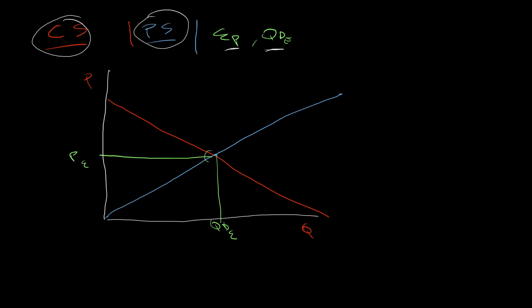This point is saying that all the quantity demanded is sold at this price, and the consumer surplus is this region here. So this is the consumer surplus, this triangle that you see here, and the producer surplus is the one on the bottom.